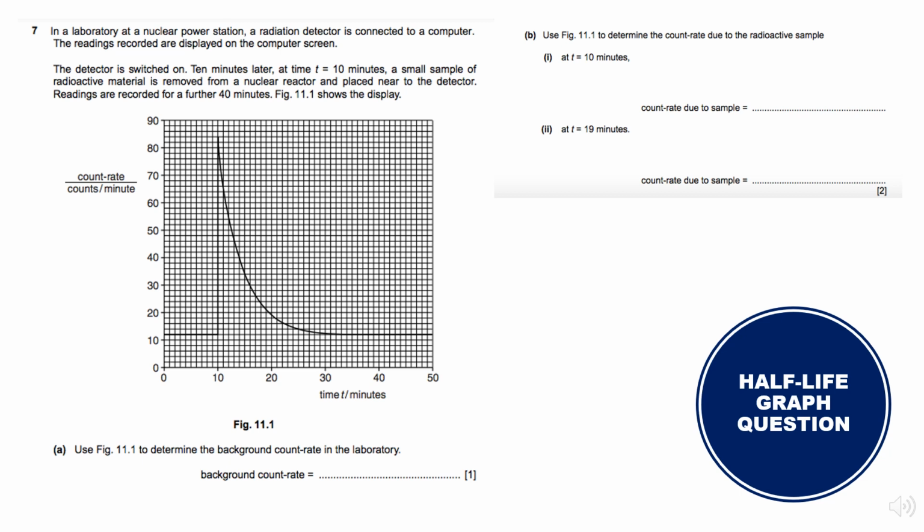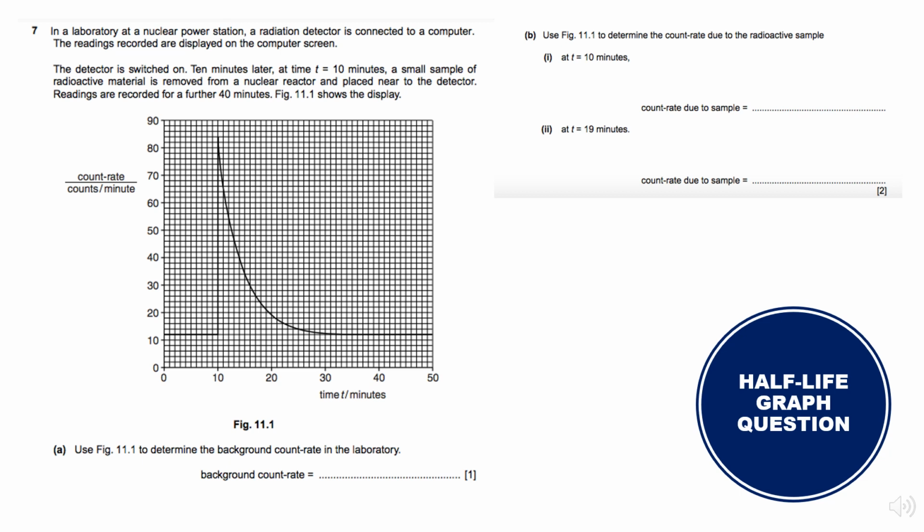So we have the count rate as 84 counts per minute, but it is not corrected for background radiation. So in this case you are required to subtract the background count rate which we had calculated in the previous question. So 84 minus 12 gives us 72 counts per minute, and that is the answer of B part 1.